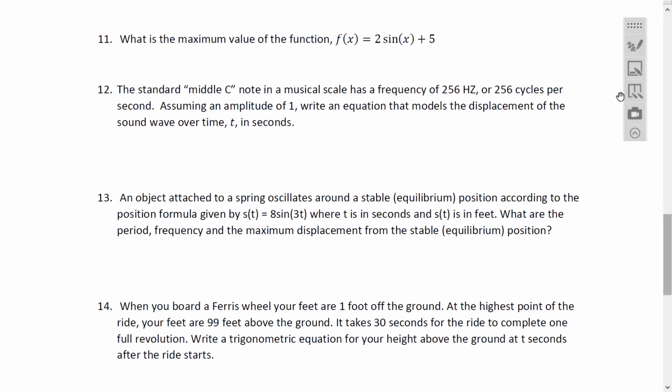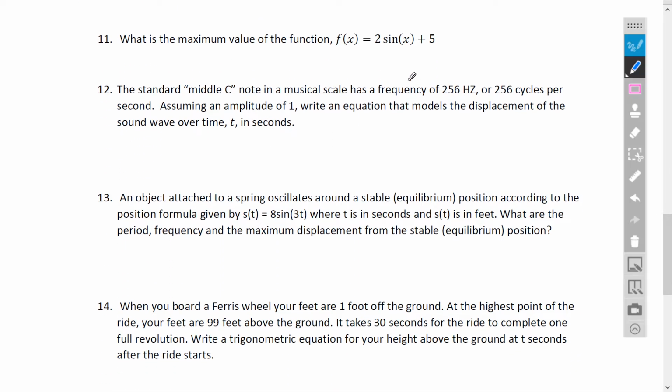What is the maximum value of the function? So this is a sine function. The amplitude is 2. And it has a vertical shift by 5. So basically it's going to be up here at 5, and it's going to be oscillating with an amplitude of 2.